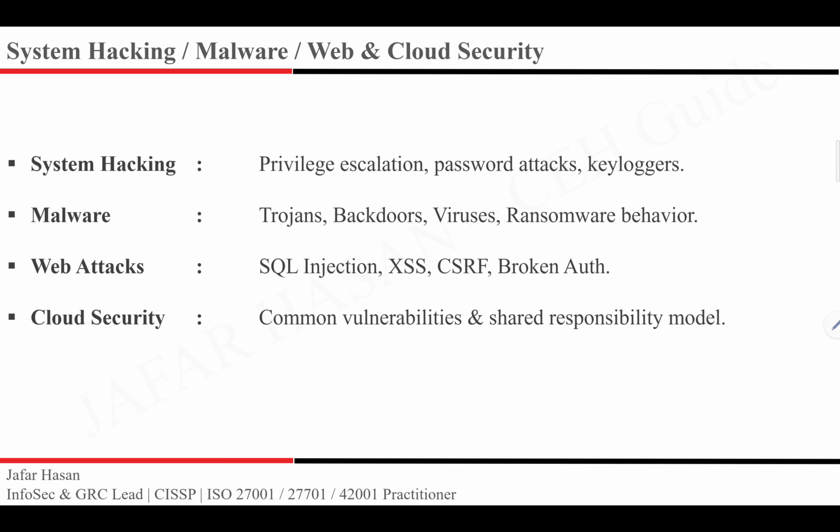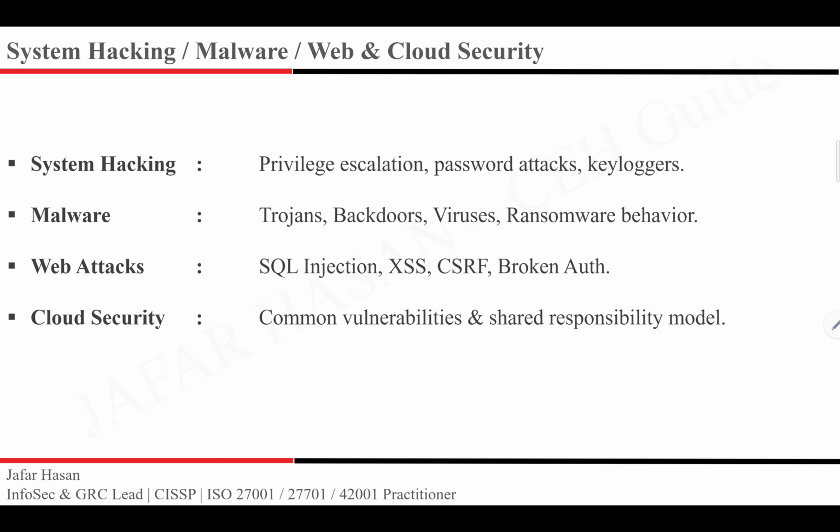So in this slide, we basically learn about system hacking, malware, web applications, and the cloud. System hacking is where attackers turn a foothold into full control, and CEH shows you how passwords are cracked, how to escalate privileges, and how malware gets planted.